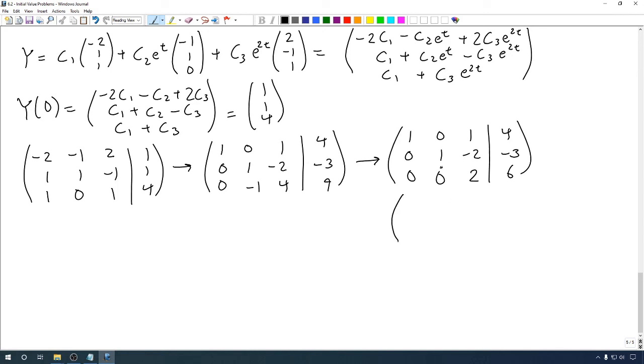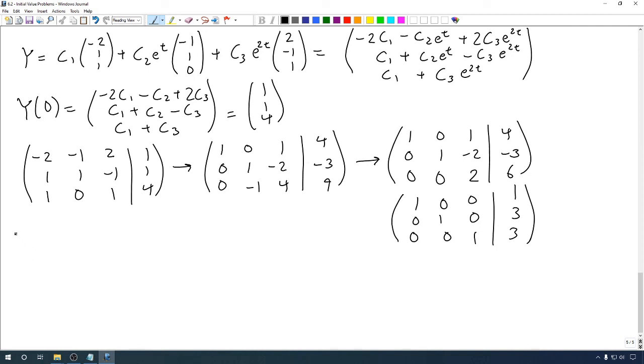Of course, I can go the next step and divide that by 2. Sorry, getting a little ahead of myself. And then I'm going to use that 1 or even that 2 to cancel out the other things in that column. So we have 0, 0, and we're going to be left with a 1 and a 3. So c1 is going to equal 1, c2 and c3 are both going to be 3.